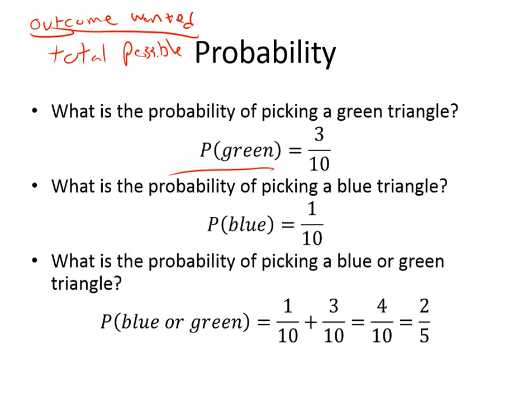What you're going to do is add them together to find these. It's called the cumulative probability because you're adding them together. So if you have an or statement, you add the 2 fractions together and see what you get. Cumulative probability. So that's what this is called right here.